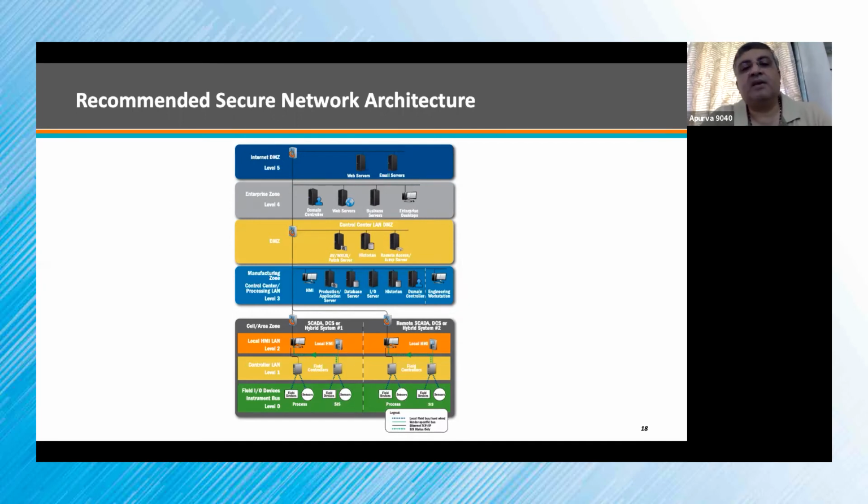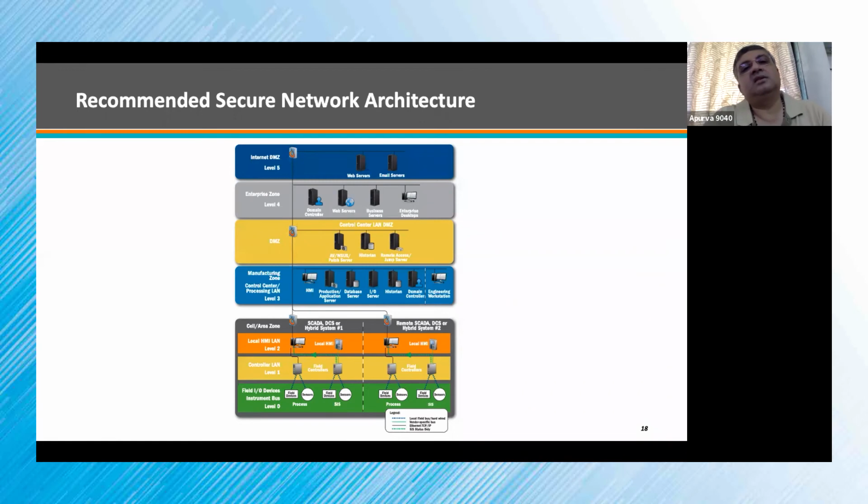When you come to your manufacturing zone, you have HMI, you have your IO server, you have your historian and all those things. And then eventually onto your SCADA DCS, where there is a separate LAN for your HMI, separate LAN for your field controllers, separate LAN for your sensors and all that.